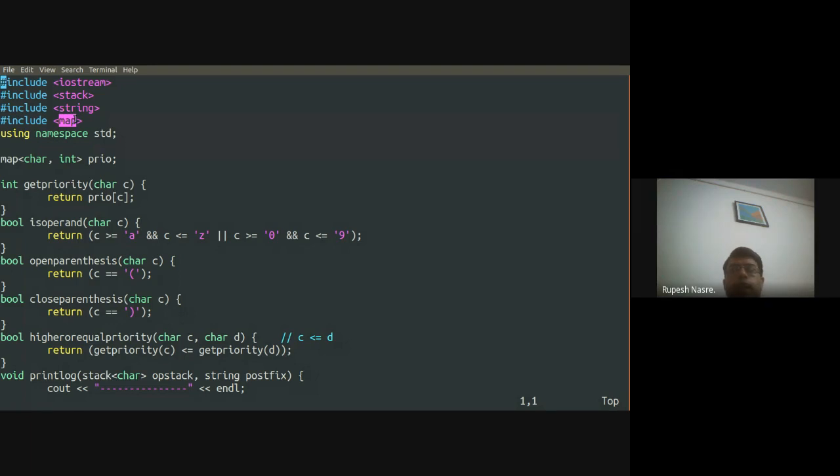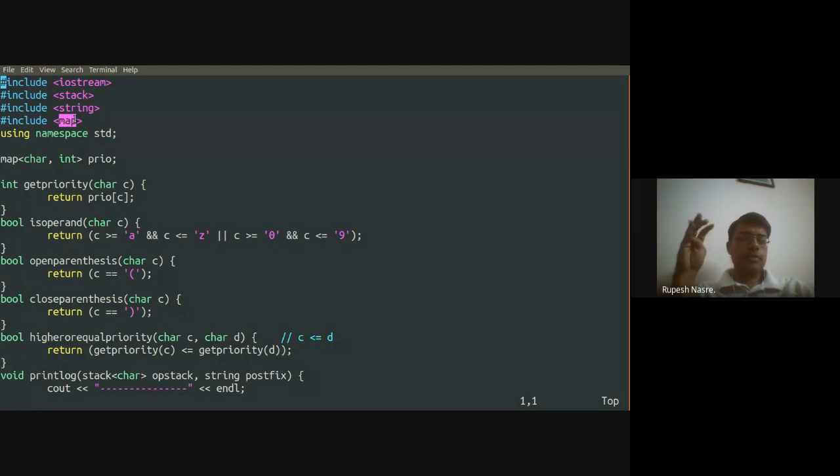For example, in arrays, the indexing is done using an integer, a of i equal to something, maybe a of i equal to ABCD. So i becomes the index, that is the key, and ABCD becomes the value. In a similar manner, I can have an indexing based on arbitrary type. It need not always be an integer.